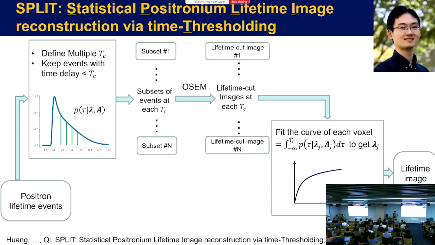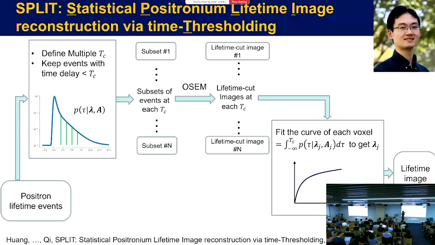The basic idea is we divide the data based on the time delay, measured in nanoseconds. We apply a series of thresholds and partition the data into subsets. For each subset, that's just count data, and then we can use OSEM to reconstruct the image. That's just a standard PET reconstruction.